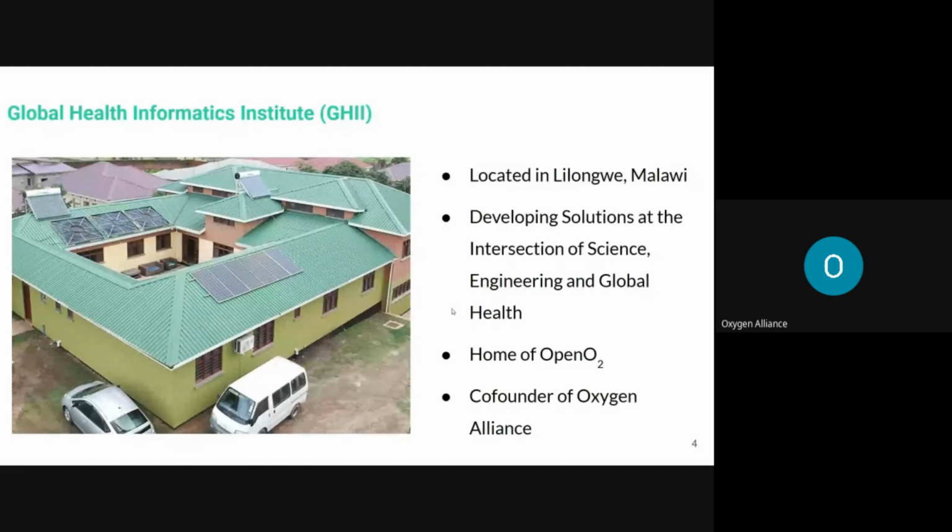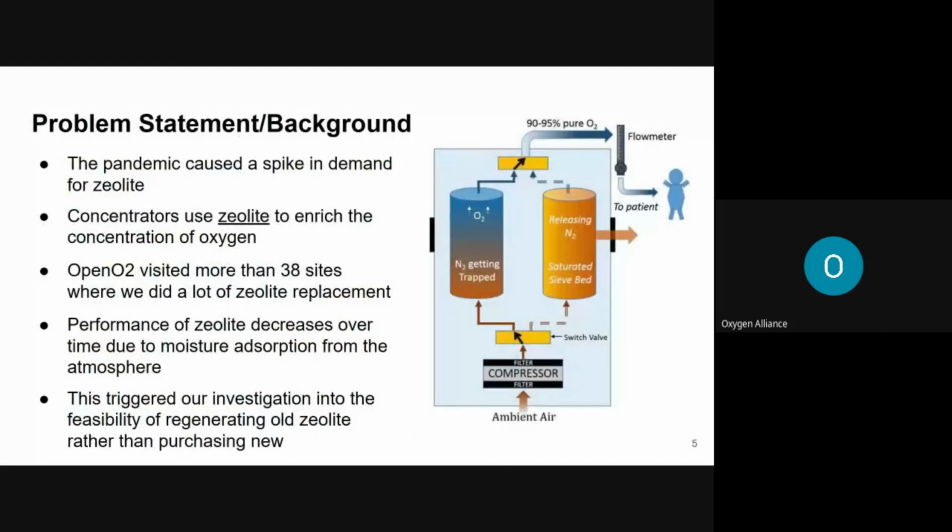All right, now to jump into our presentation today, just to give you a bit of a background, as I pointed out, the COVID-19 pandemic was one of the things that forced us to jump into the biomedical engineering space, and the demand for oxygen highlighted the gaps in various medical facilities.